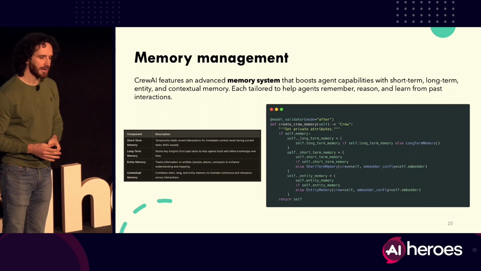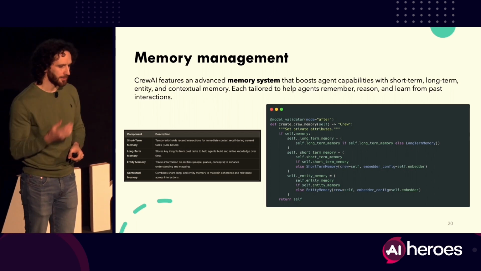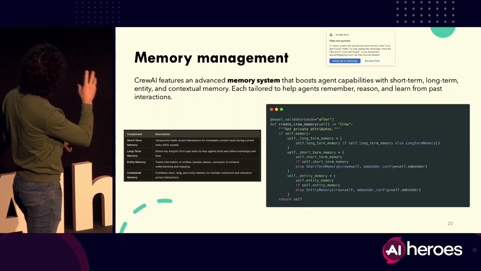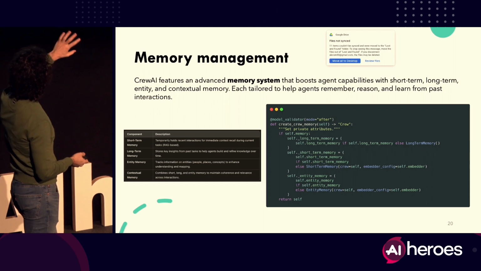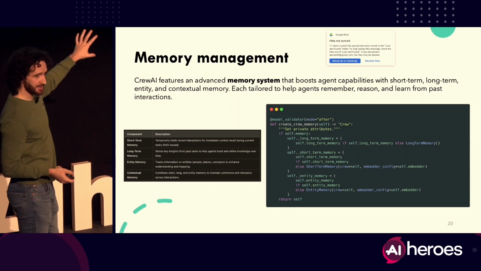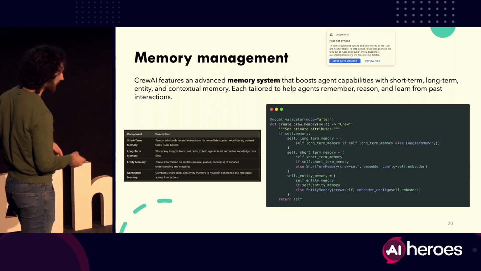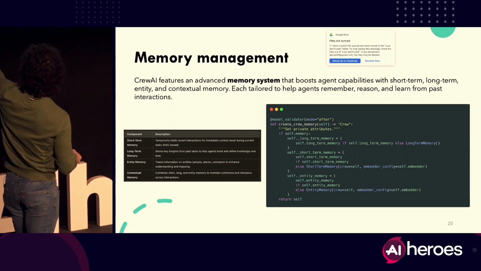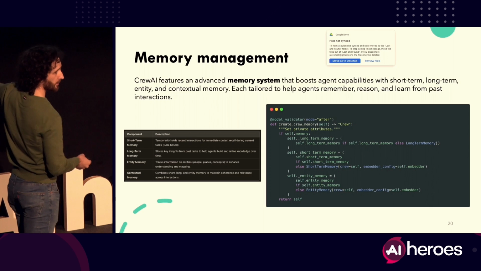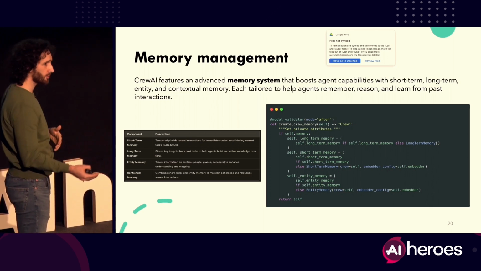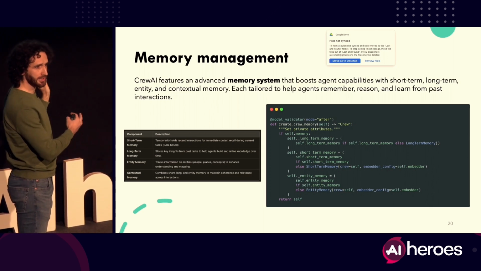Then we have a very nice way of dealing with the memory. This is probably a bit too technical, but I wanted to show what's inside the Crew memory. This is inside the library. It's not super helpful, but it's nice to have a look at it. Overall, what you see in the documentation is this. We have the different types of memory. If you need short-term memory or long-term memory, you can deal with it, and it's really easy.